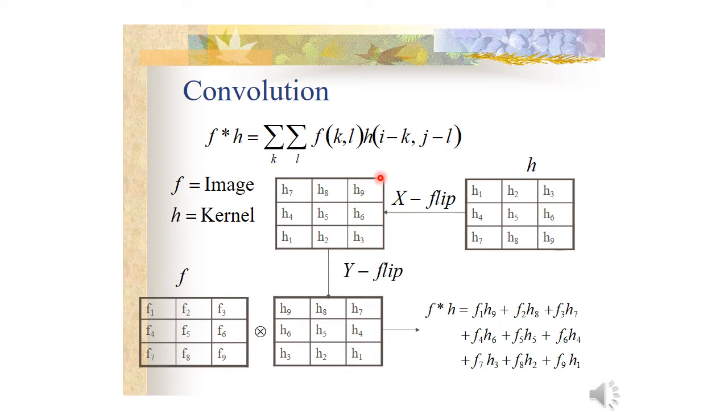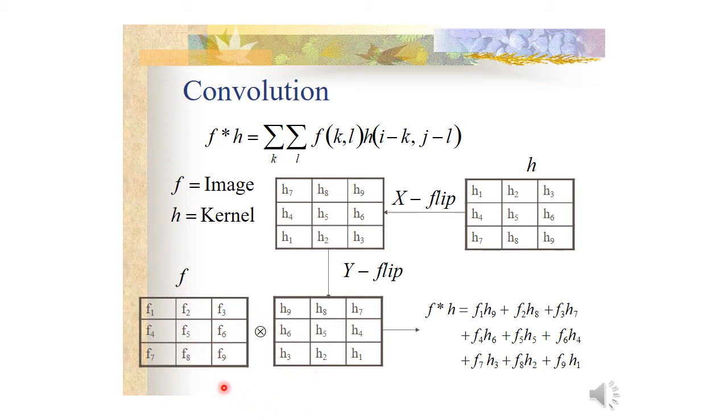And why is it? Because we are flipping the kernel in the x direction, and we flip it again, and this is called y flip, and we are having this final kernel.